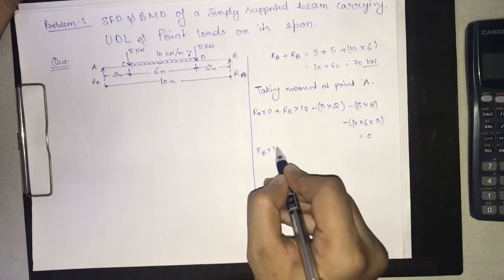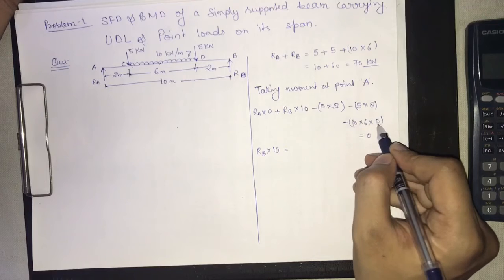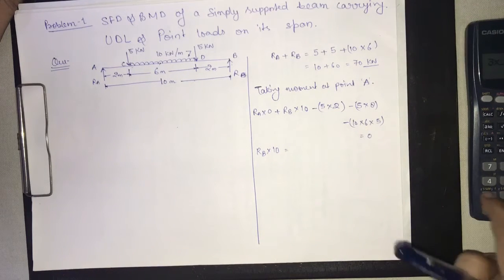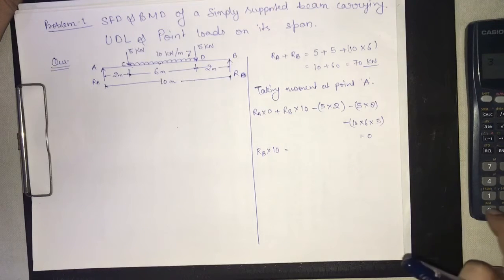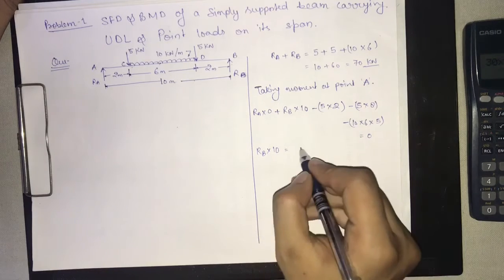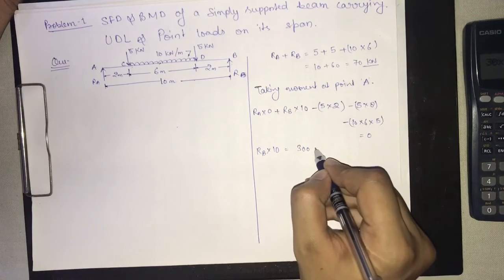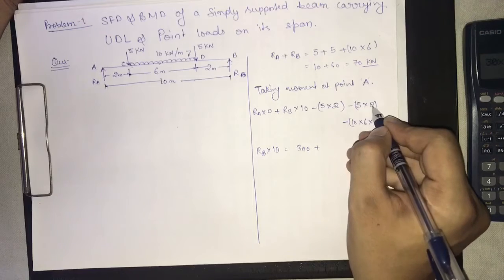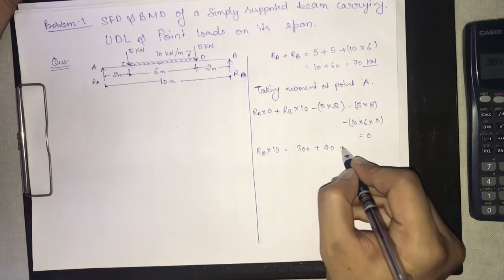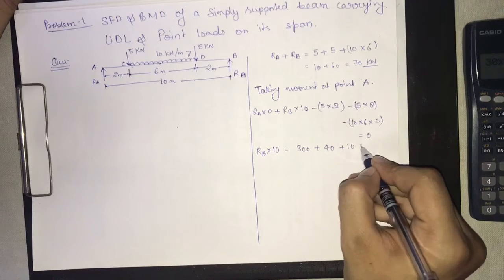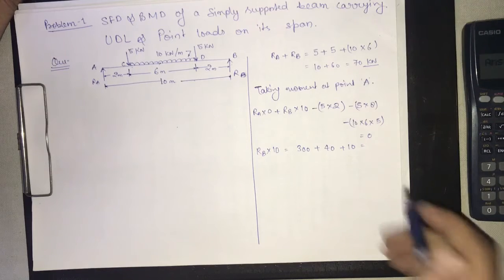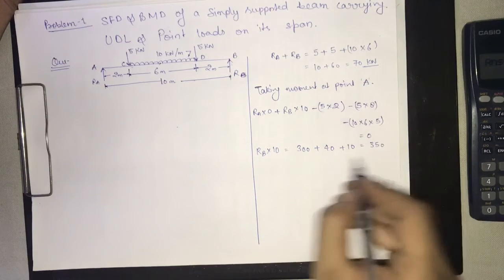RB into 10 is equal to 6 into 5, 30, 30 into 10, 300, plus 8 into 5, plus 5 into 2, it is 40 plus 10, it is 350.